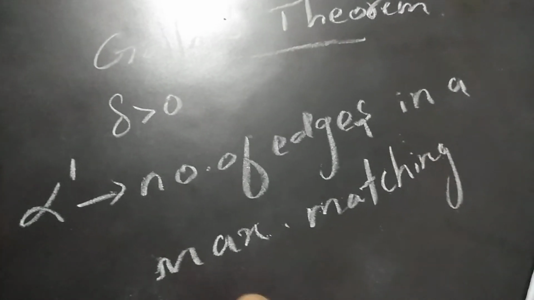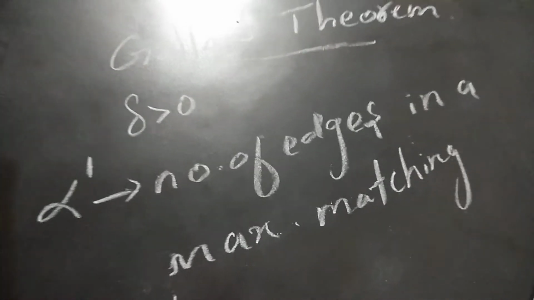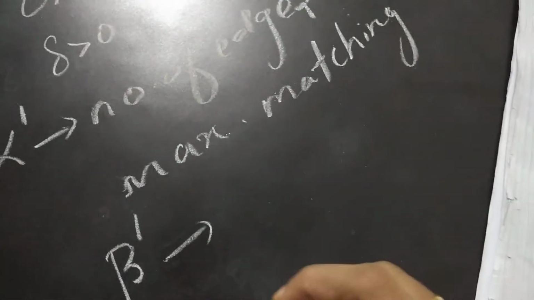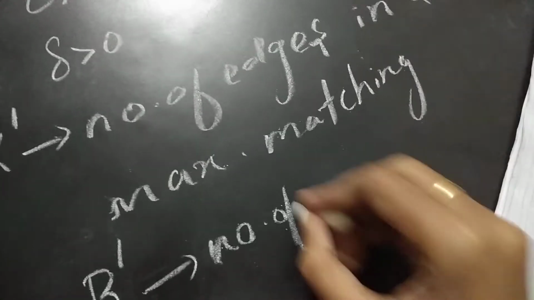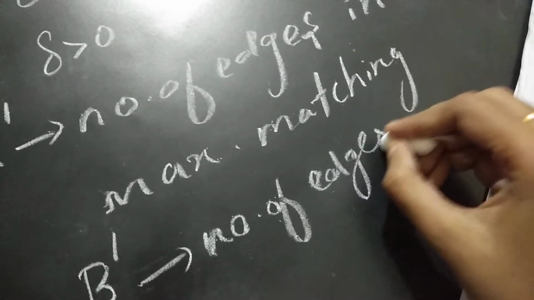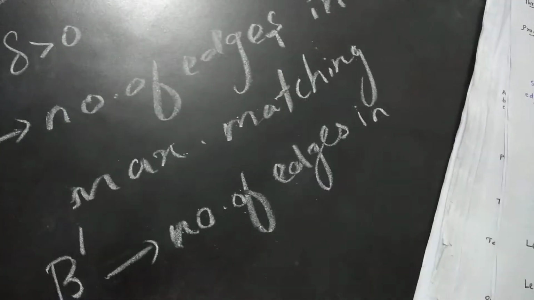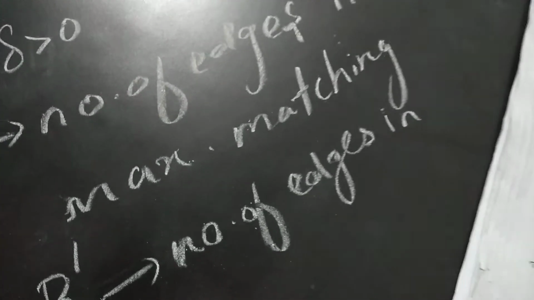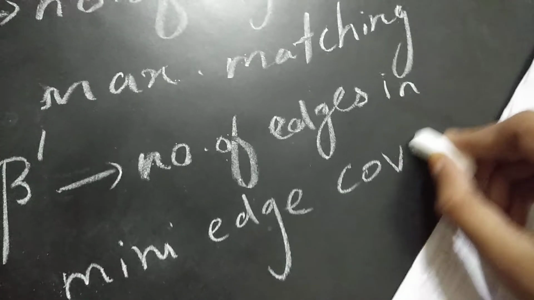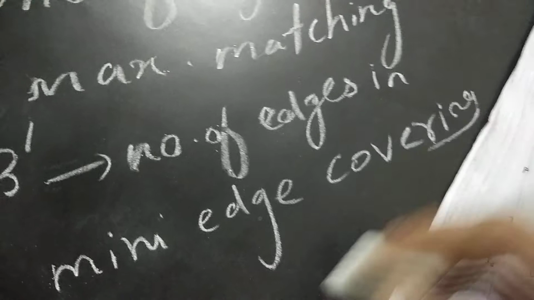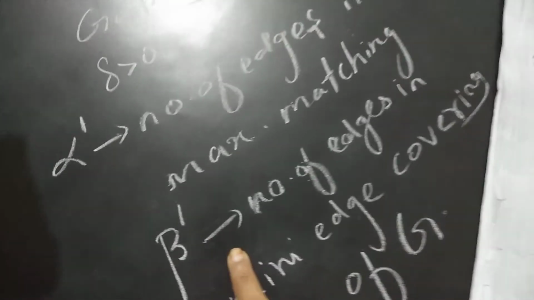Then I will tell you what beta dash is. Beta dash means number of edges, this is also number of edges, in what? In a minimum edge covering of G. So this is what alpha dash is and this is what beta dash is.